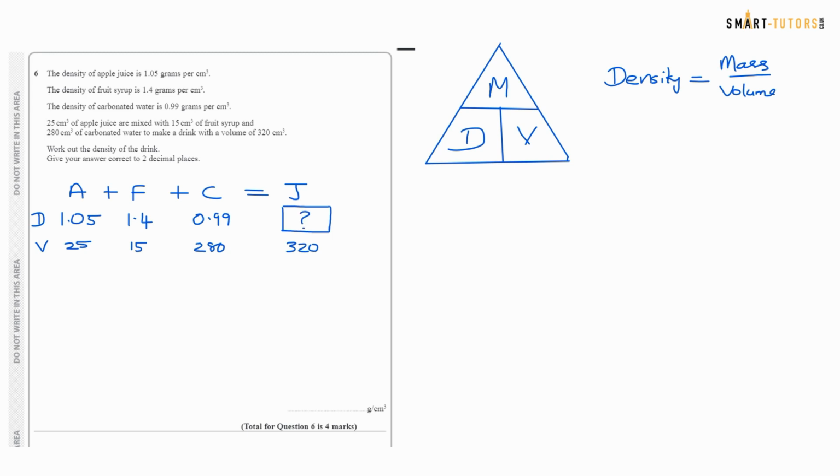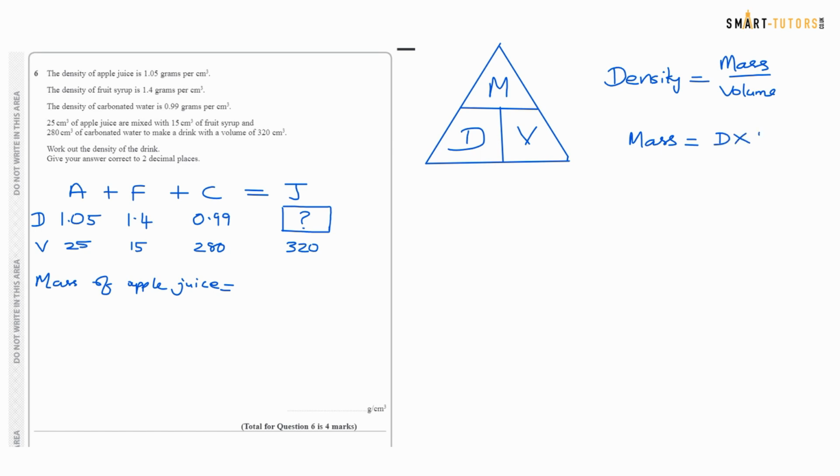So for each and every liquid, we are going to find out the mass. So the mass of apple juice, if we write the equation for mass, equals density times volume. So here 1.05 times 25. I will press the calculator all in one, so I'm just going to finish the quick writing part.